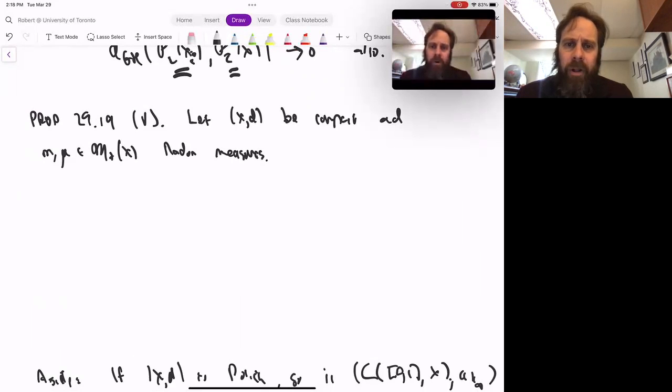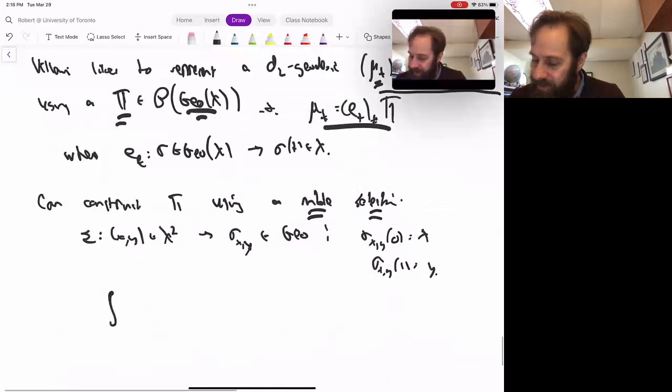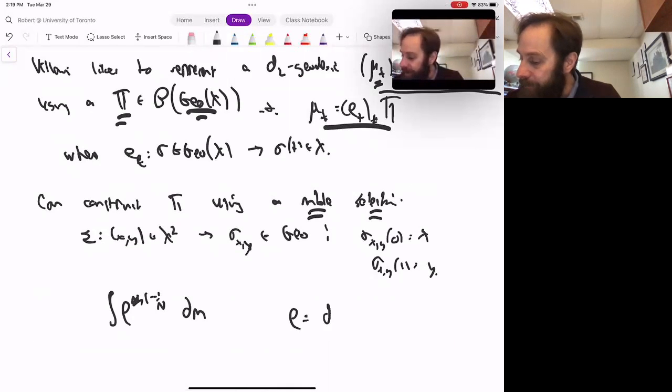So before Ohta, Sturm and Lott–Villani came up with this notion of entropic curvature dimension, people used Boltzmann's entropy only to talk about CD(K, infinity), and they used entropies of the form integral rho to the power 1 minus 1 over dimension with respect to the reference measure, with rho being d mu dm.